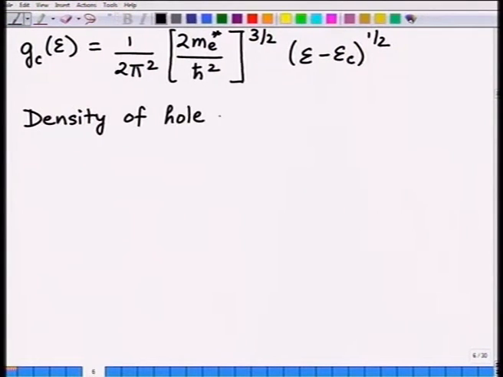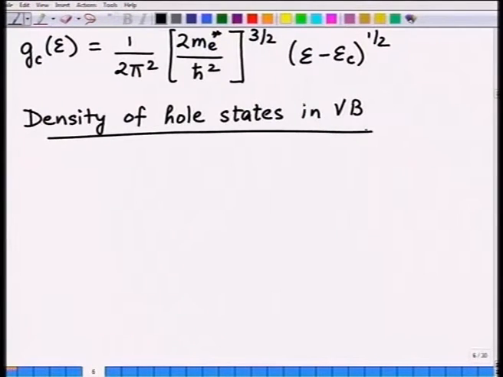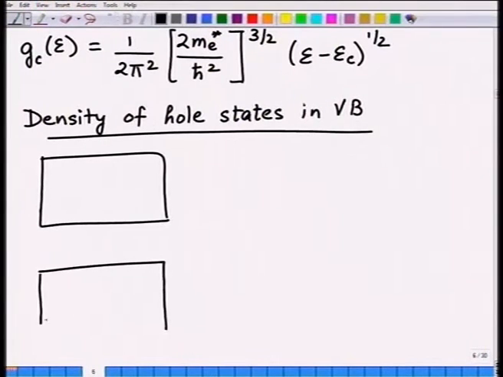Hole states, not electron states, hole states in the valence band. Clearly, in this picture, this is the conduction band and this is the valence band.